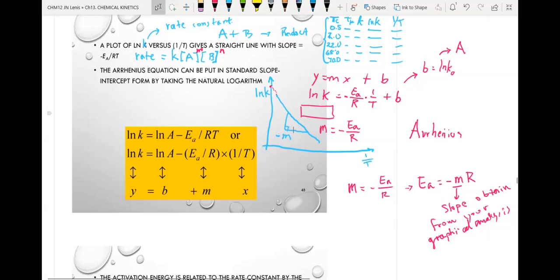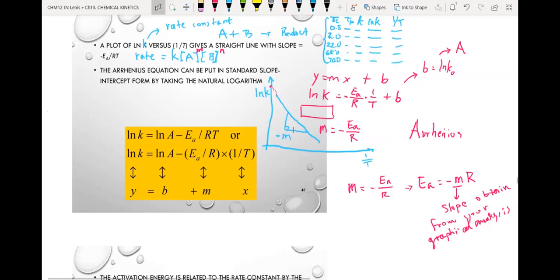The correlation should be around 1 or close to 1 if you have a nice straight line. 0.9999 is a good correlation. The computer will do your graphical analysis for you. Just take the slope, plug it here, and voila. You just found the activation energy.